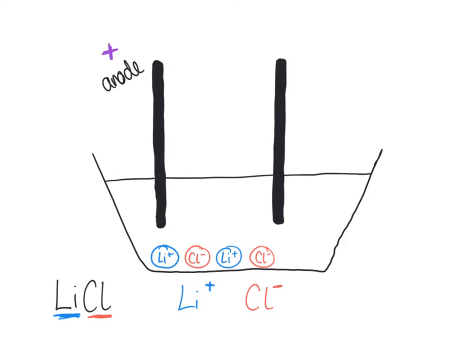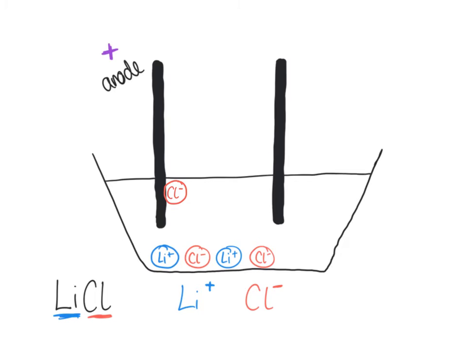So which one of my ions is going to be attracted to the anode? Well, it's positively charged, so it's the negatively charged ions that are attracted to it. We also know that anions go to the anodes. The anion here is the chloride ion, Cl-.